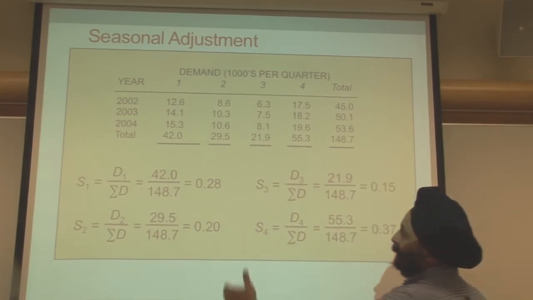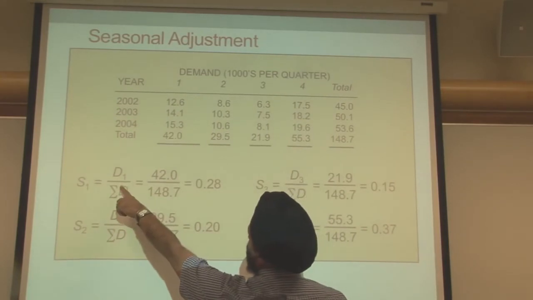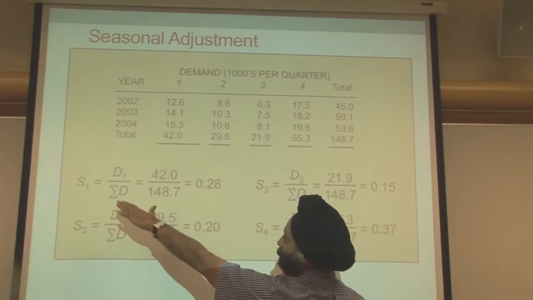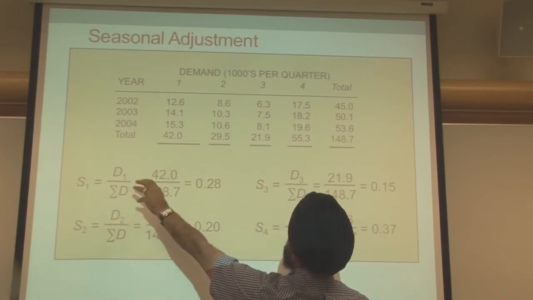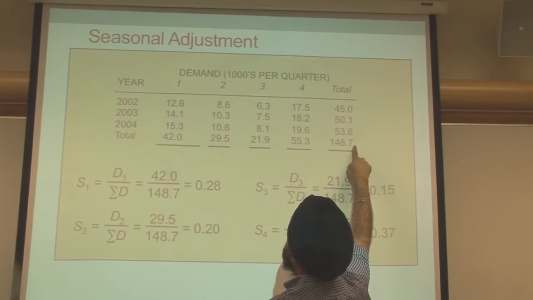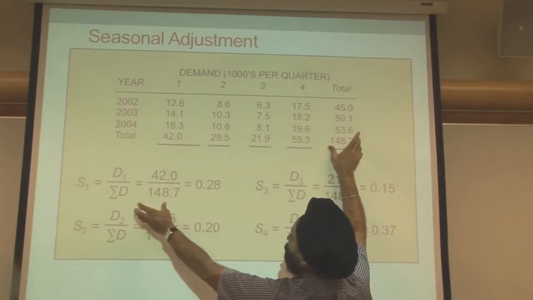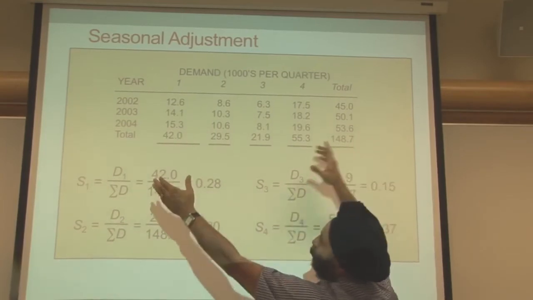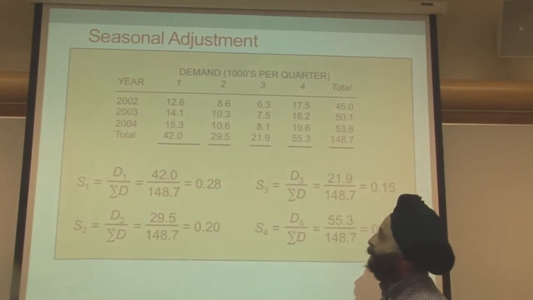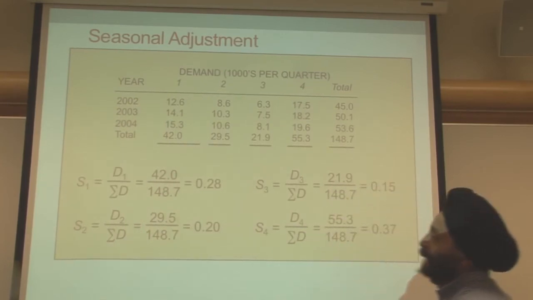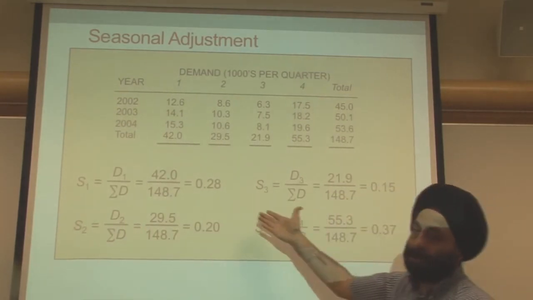In order to look at the seasonality of the first quarter, you take the sum total of all the demand, and that goes in the denominator, and then 42, which is the sum total of all quarter 1 demand, goes in the numerator. So 42 divided by 148.7 is 28%.